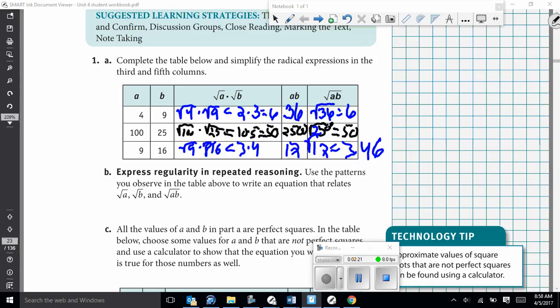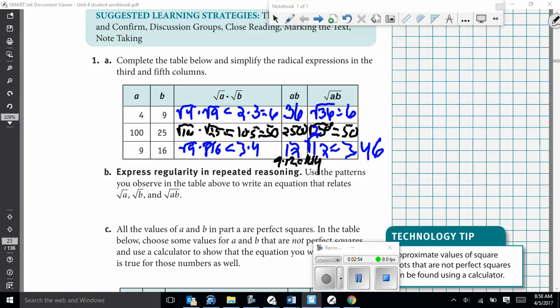So then for the last one, we're going to do the same thing. So square root of A, square root of 9 is 3. The square root of 16 is 4. 3 times 4 is 12. So then in this column, we have 9 times 16, which is 144.